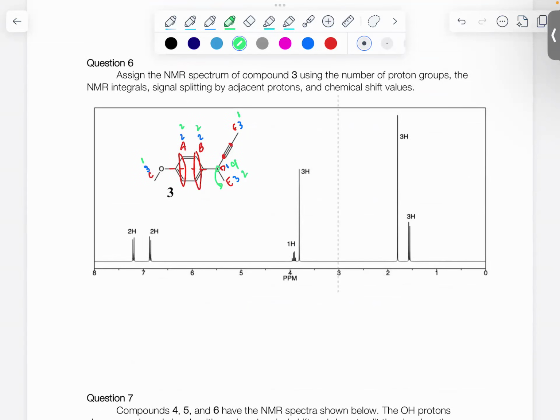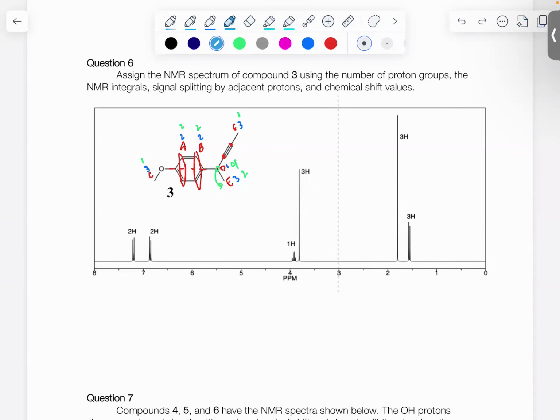And now we can go through and label. So we should have 2 3H singlets. So we would use our chemical shift table to help us identify these signals. And with that help, we can identify this as C. And, oh, sorry, I've got those flipped there.